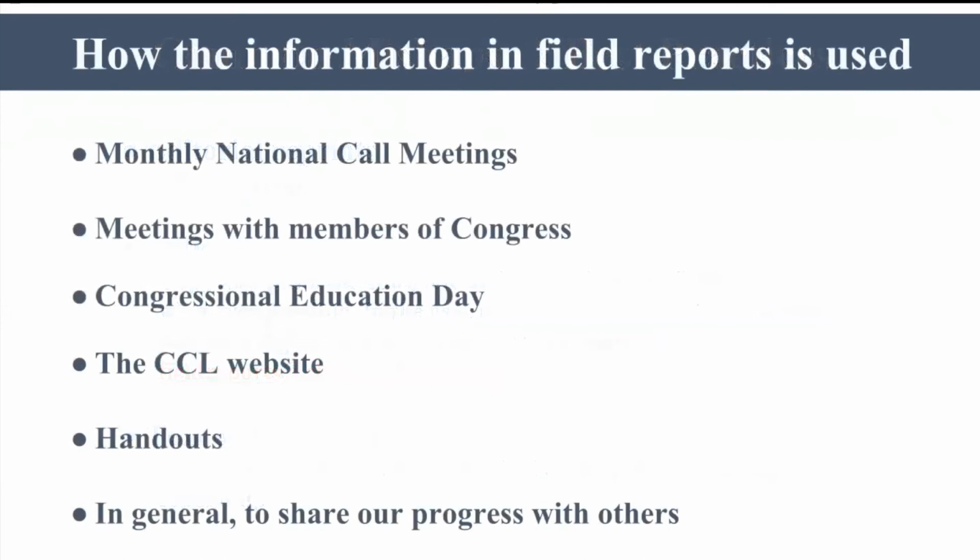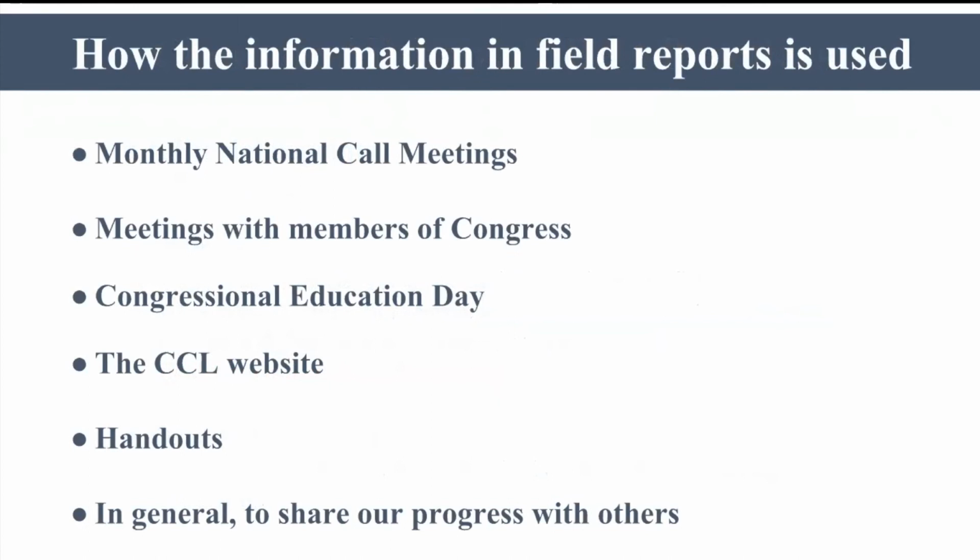How the information in field reports is used. CCL uses the information from field reports in many ways. Monthly stats are shared at the monthly national call meetings. Danny reads through every meeting minutes form submitted from Lobby Day to help determine how CCL is progressing with Congress.